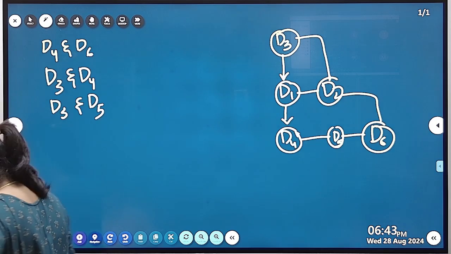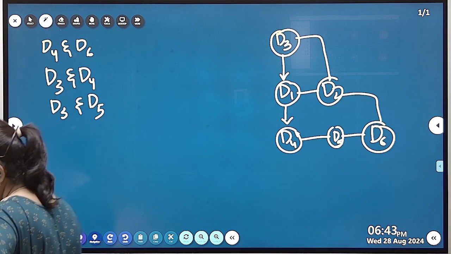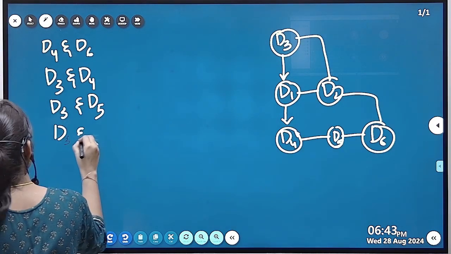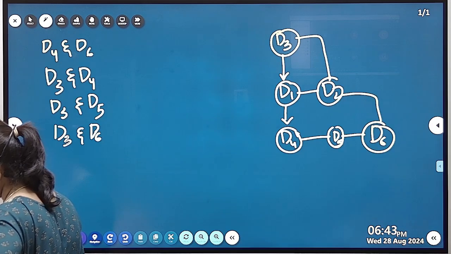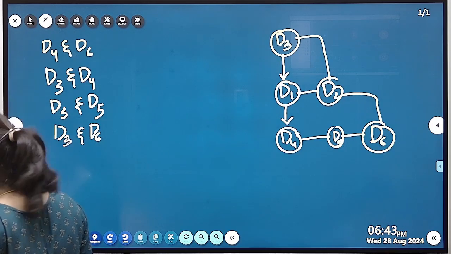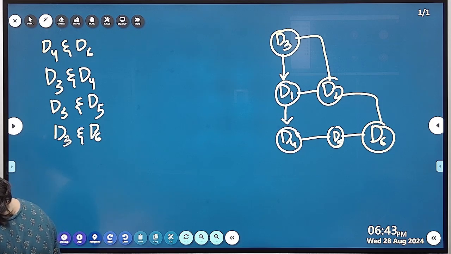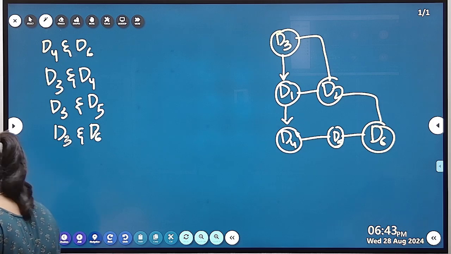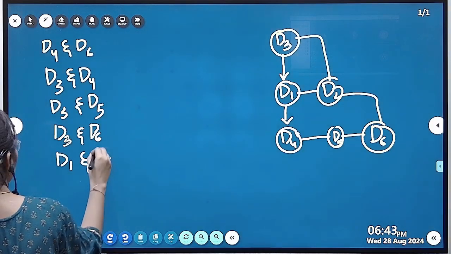Next D6 and D3 and D6. Next D1 and D5. No, you can pair it like D2 to D5, that cannot be an intersection point. So D1 to D6 is possible. D1 and D6.